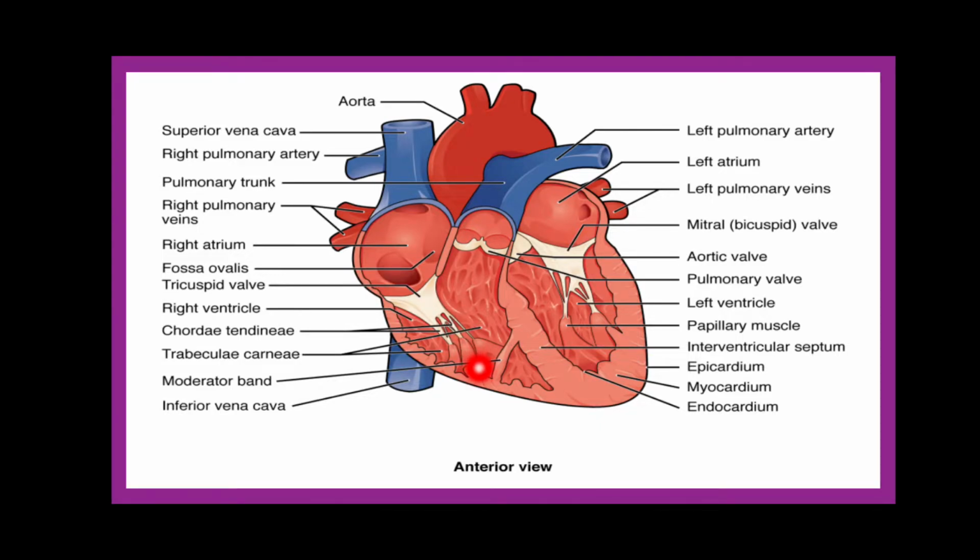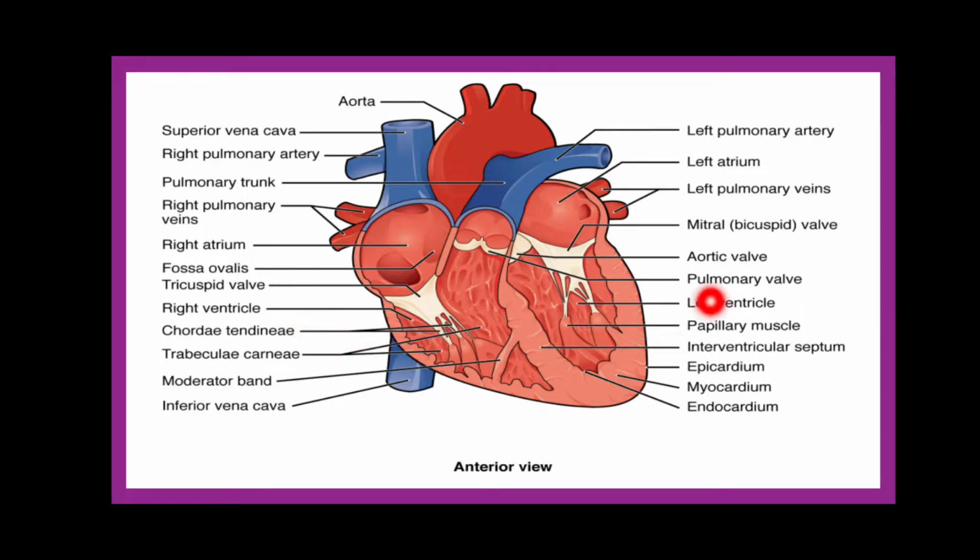That means the blood from the right atrium comes to the right ventricle through this cream colored structure, and the name of this structure, as you can see here, is the tricuspid valve.